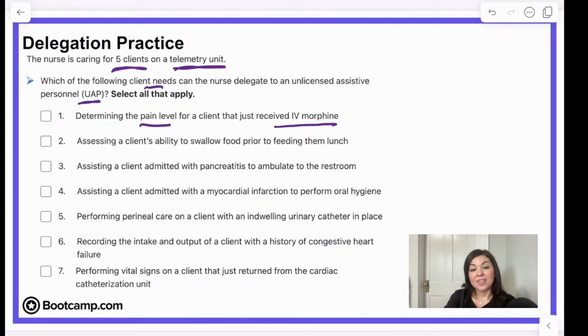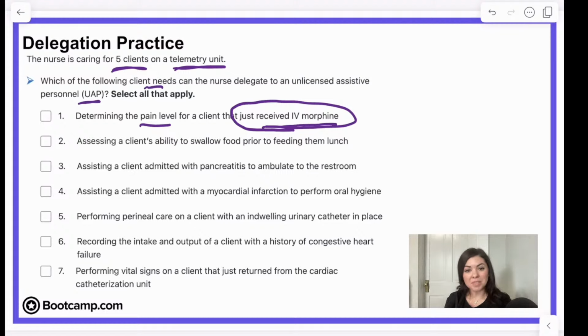So this right here is actually kind of tricky, because when we're going back to ask a patient how their pain is after administering a pain medication, we are actually evaluating the care plan. We are evaluating a nursing intervention. So that is a step of the nursing process.